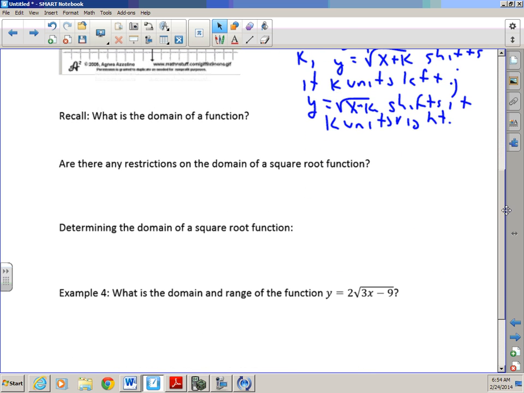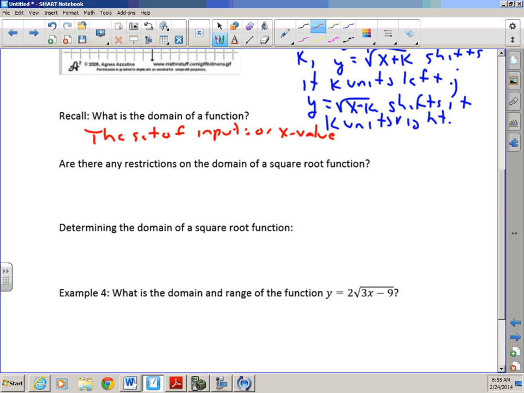Now, what is the domain of a function? Well, if you might remember, the domain is the set of inputs or x values. Are there any restrictions on the domain of a square root function? Yes. The radicand cannot be negative. That's what we saw, for example, when we did the do now.